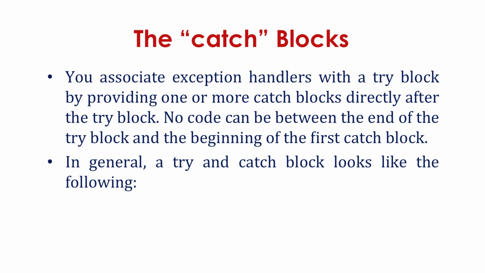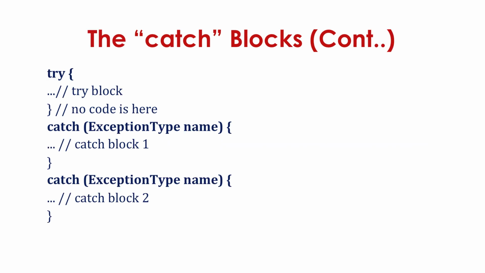In general, a try and catch block looks like the following. So I am trying to share an example with you. See, try block is here at the place where the exception may occur.